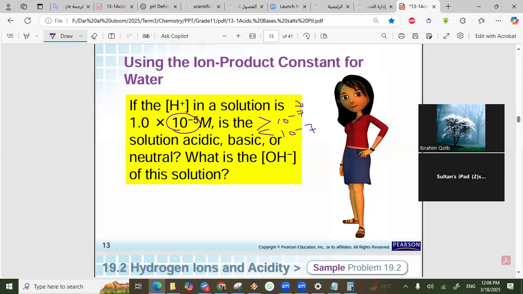So this solution has a high concentration of hydrogen, and a high concentration of hydrogen means it is acidic.